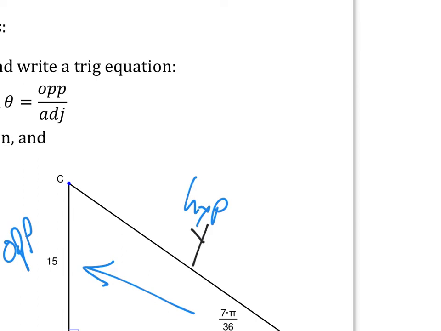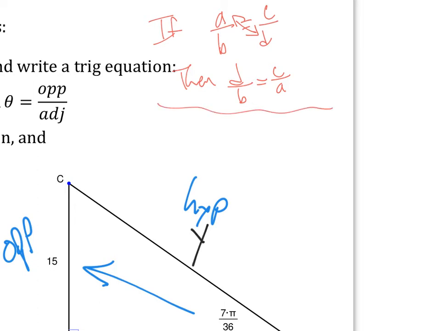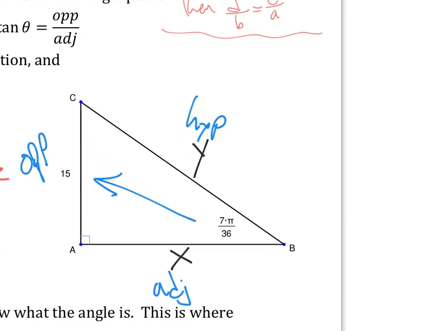If a over b equals c over d, then we can swap these two, and d over b equals c over a. We'll call that the swap property. You can swap diagonally when you have a proportion. I'll show you on this next one how that's going to help us.